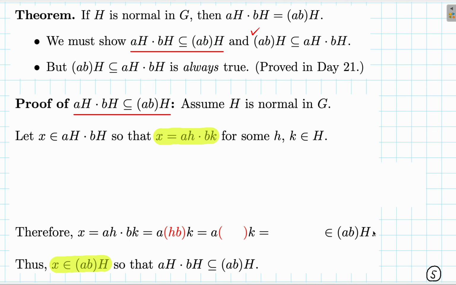Ultimately, we wanted it to be an element of the coset ABH, and therefore, eventually it has to look like AB times some element of H. Now going back, we have A h B k. Let's group the middle two elements together. So we have A (hB) k. We wish to flip this element hB, and that's where H being a normal subgroup plays a role.